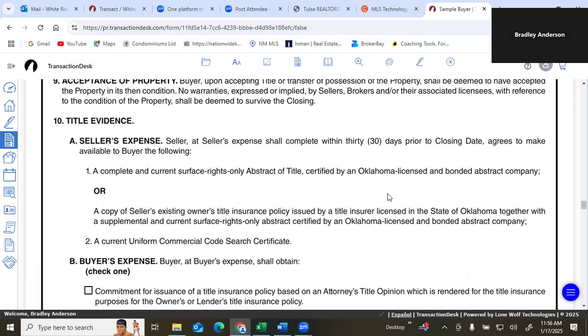Title evidence. Okay, and it clearly outlines what the seller pays for and what the buyer pays for. Seller's expense.